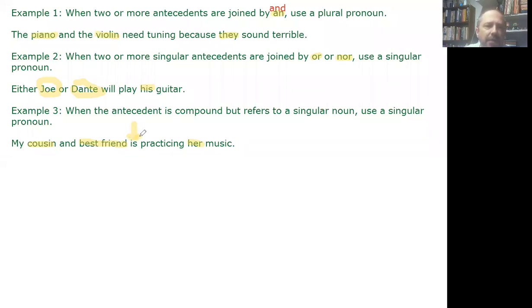It's kind of another hint that this is one of these unusual situations, or I messed the sentence up really badly, one of the two. But no, in this case, it's an unusual situation. I'm using the nouns cousin and best friend to describe her. All right, in essence. So that's the first 3 examples.